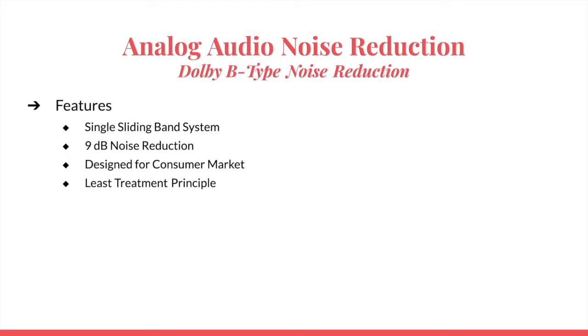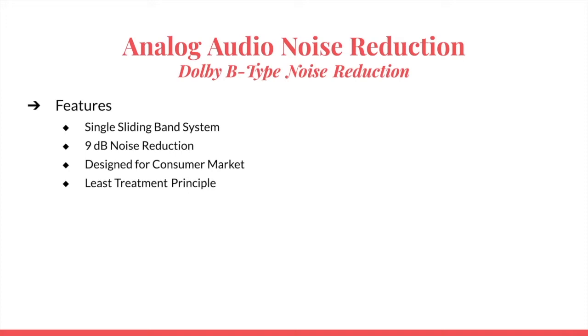Dolby B-type noise reduction was developed after Dolby A and presented in 1968 as a single sliding band system providing about 9 dB noise reduction to address the haze of slow-speed consumer tape recording formats, primarily cassettes.